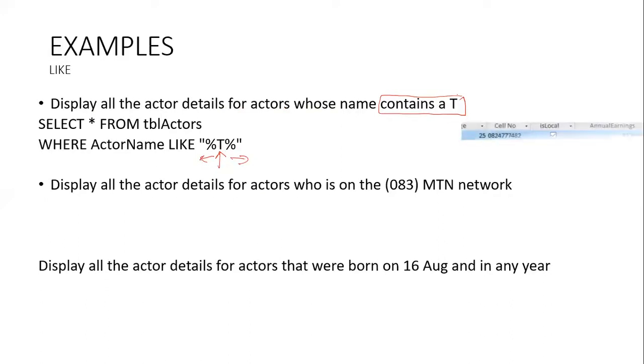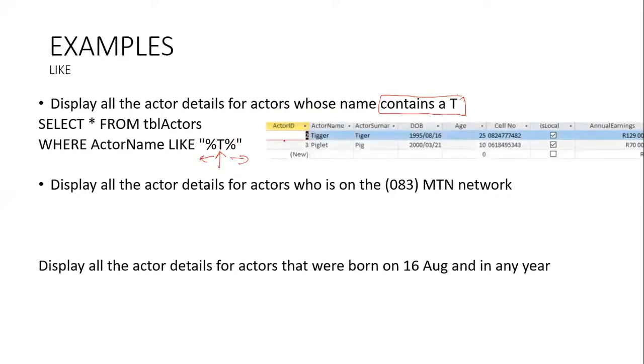It will have a T in it. And in this case, we've got a T in Tigger and we've got a T in Piglet. So there are two records that will be returned in this case.